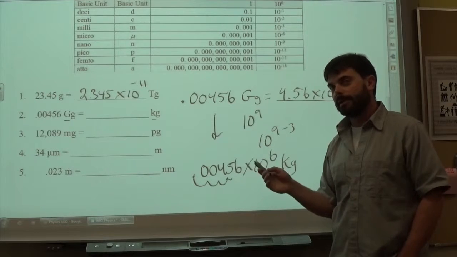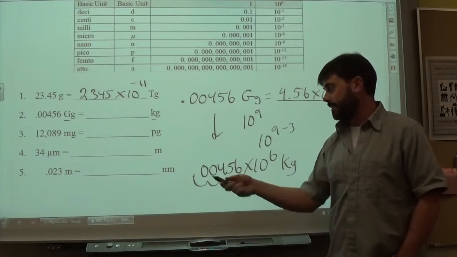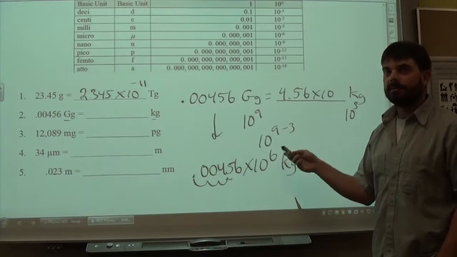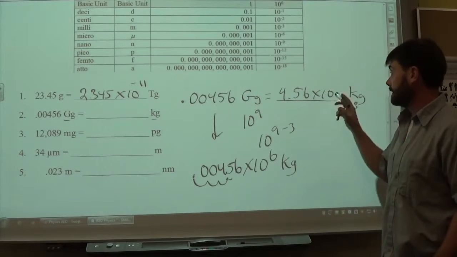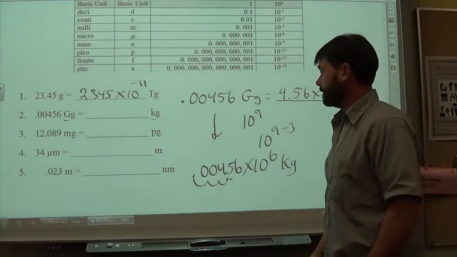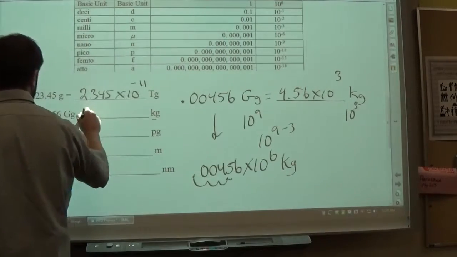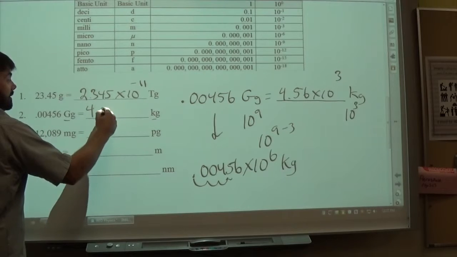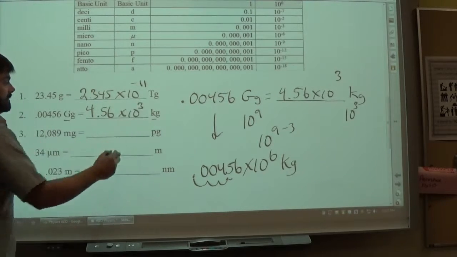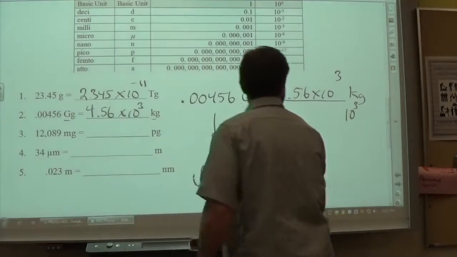Moving the decimal to the right 3 places, making it 3 larger. That means I need to take this value and make it 3 smaller. So I'm only at 10 to the 6th, so I have to subtract 3 from it, making it 10 to the 3rd. So there it is: 4.56 times 10 to the 3rd kilograms.